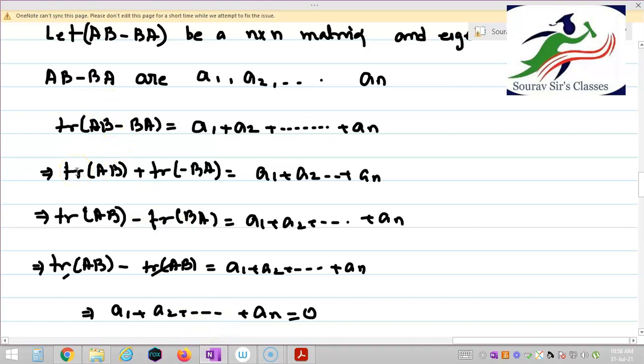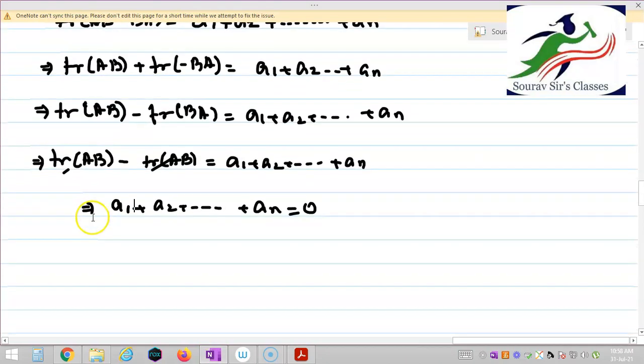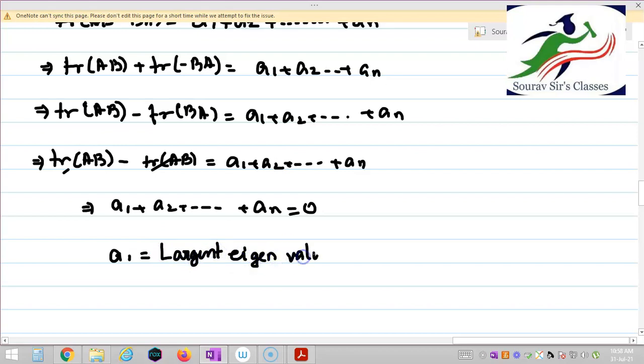Now it is known to us that the largest eigenvalue is positive. I am considering the largest eigenvalue as A1. Observe that A1 is positive. I am claiming that there is at least one eigenvalue which is negative.